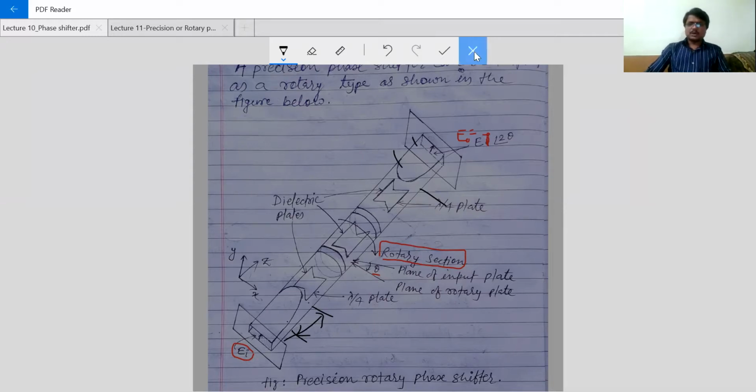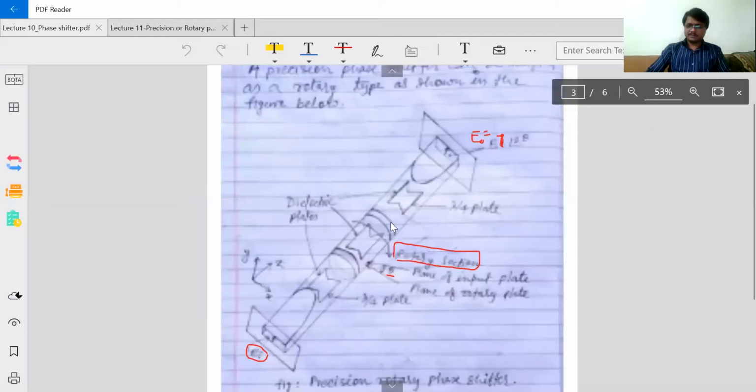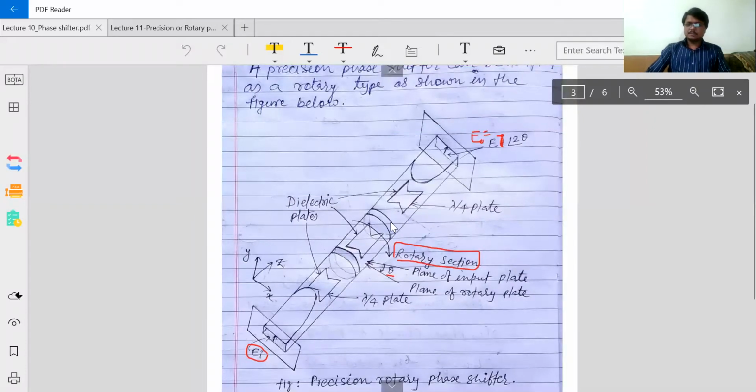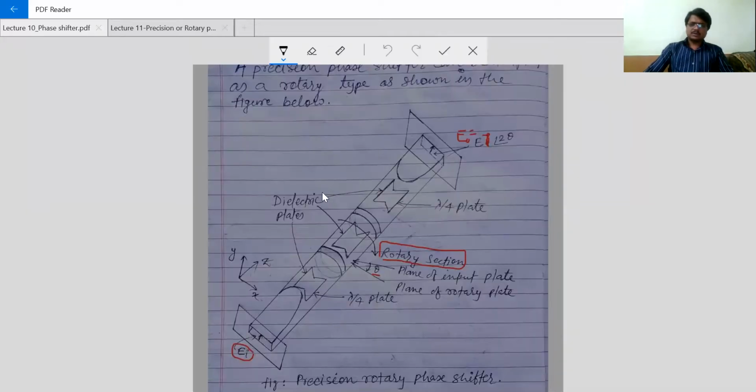So how does it give the phase shift and what is the mechanism? There are three dielectric plates. This is the input dielectric plate, this one, and the output dielectric plate, this one, and this is the central dielectric plate.